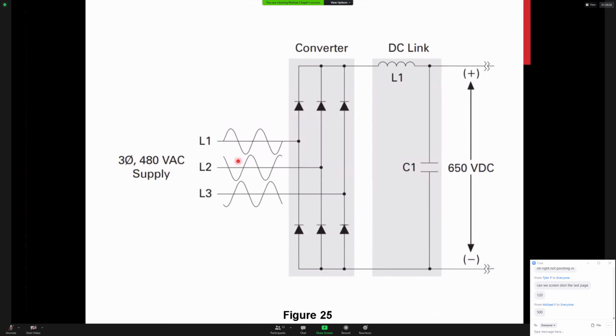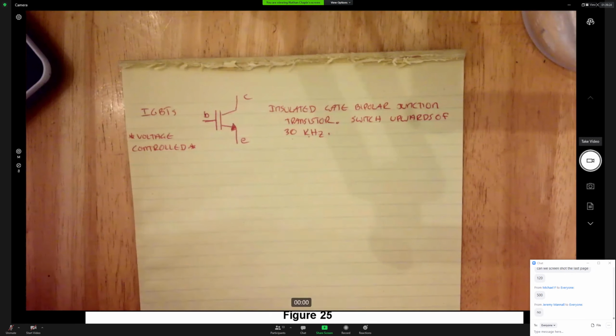So I just want to reinforce here your form factors. Does anybody remember the form factor for a 3-phase full wave rectifier? Okay. There we go.